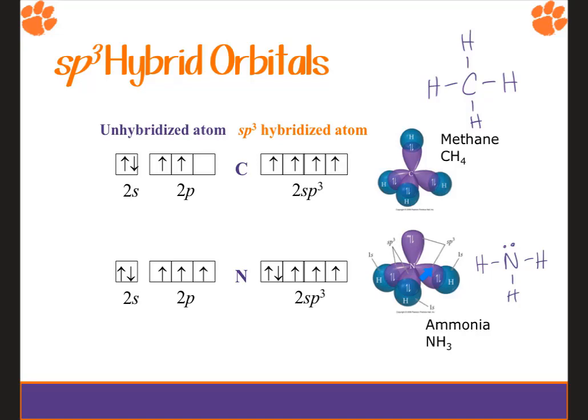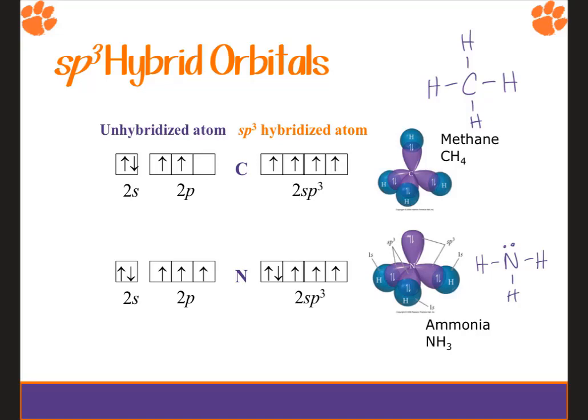We're going to have the sp3 hybrid orbitals making a bond with the 1s atomic orbital of hydrogen to make those bonds. And then that last lone pair is just sitting above in its own hybridized orbital. So this makes a tetrahedral electron geometry, and that's where we get the 109.5 bond angles from.